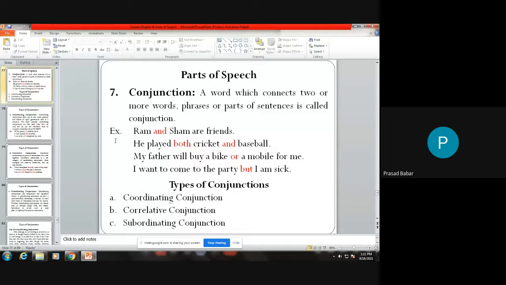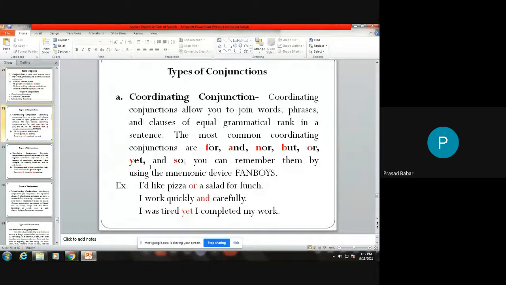So and, both, and, or, but, these are the conjunctions. We also discussed the types of conjunctions. There are three types: first is coordinating conjunction, second is correlative conjunction, and the third is subordinating conjunction. Let us revise it once again.